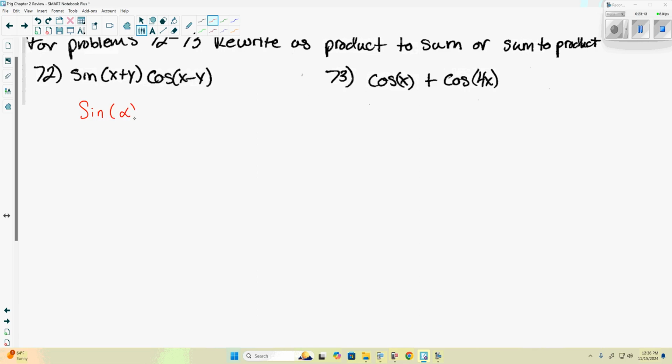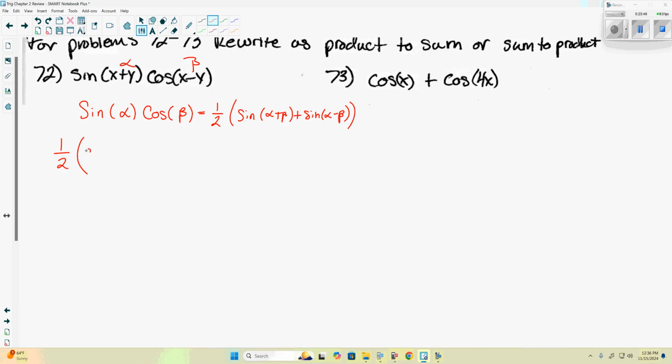So this would be matching up to sine of alpha cosine beta, which is equal to 1/2 sine of alpha plus beta plus sine of alpha minus beta. Well, alpha is x plus y, beta is x minus y.